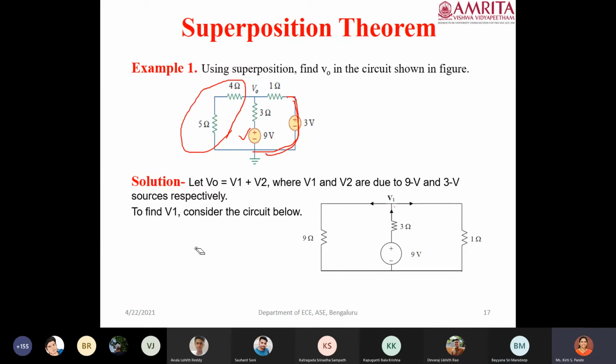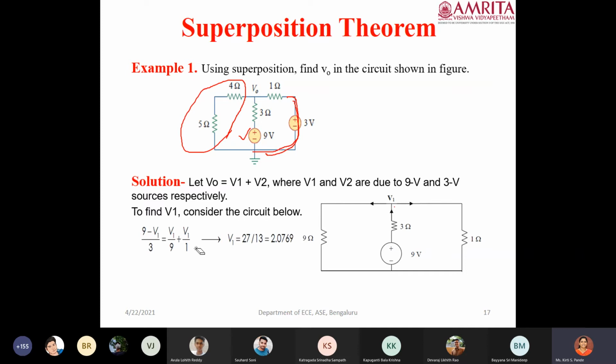Some students may use whatever clicks to your mind first. Somebody will apply only KVL; two mesh analysis is also possible. But then you have to find the current first. With mesh analysis you will get the current, but with nodal analysis you will get the voltage directly.